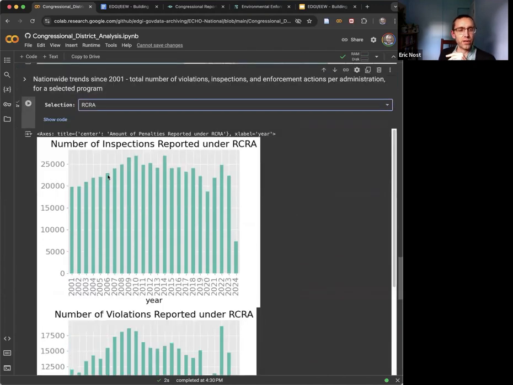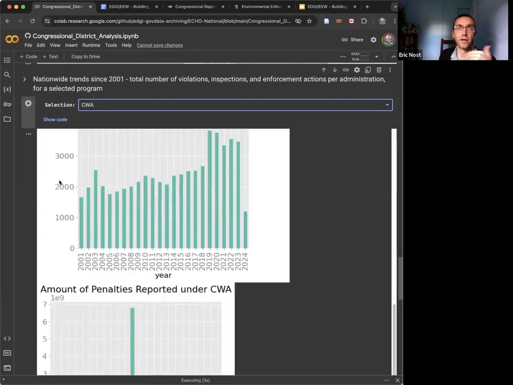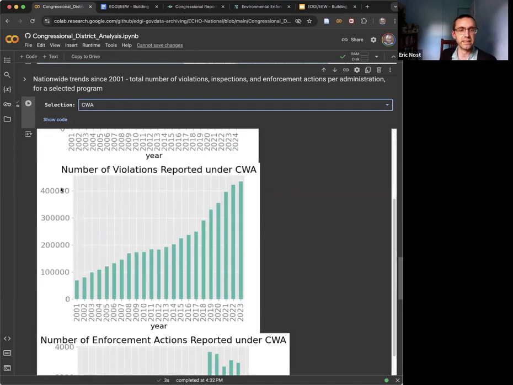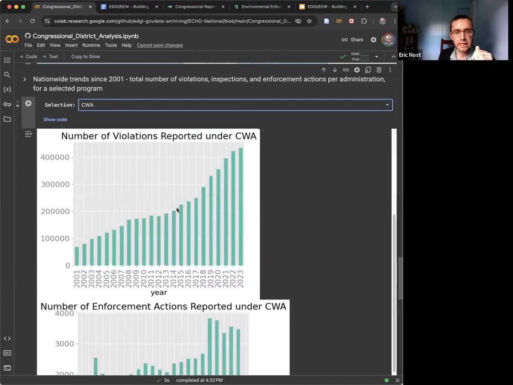Let's take a look at the Clean Water Act, which is a little bit different and perhaps includes more reliable data because it involves automatic reporting of certain pieces of information directly to the US EPA. So we see a lot more inspections being reported under the Clean Water Act since 2016 or so.